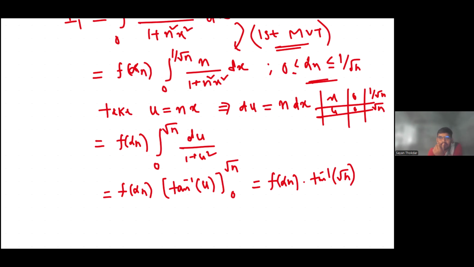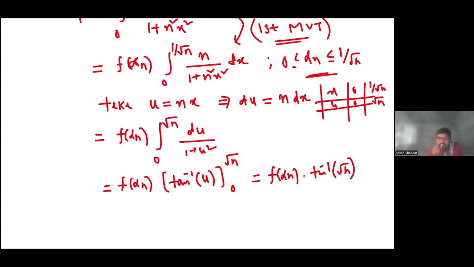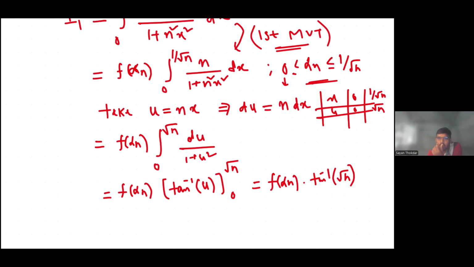Now think about that. By the Sandwich theorem, 0 is less than or equal to alpha n which is less than or equal to 1 by square root of n, and this goes to 0 as n tends to infinity. So as n tends to infinity, alpha n goes to 0.